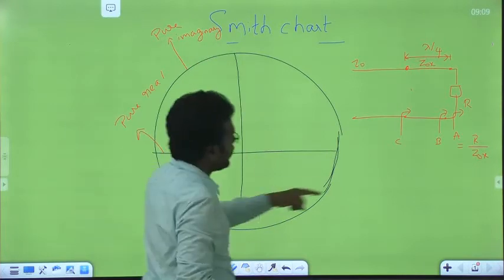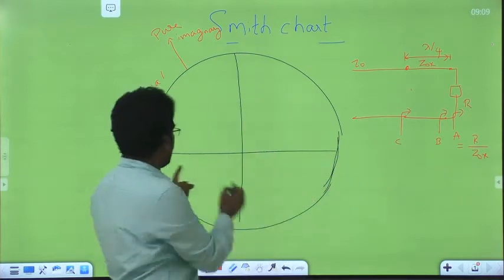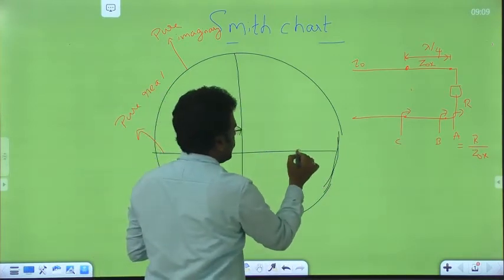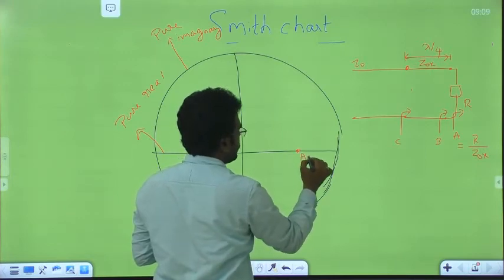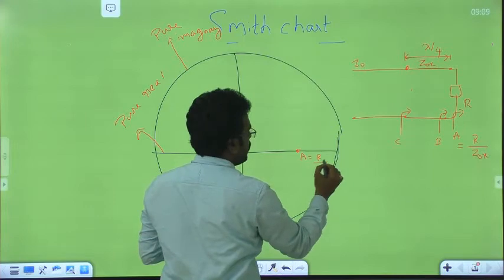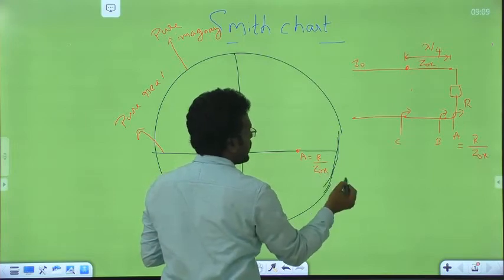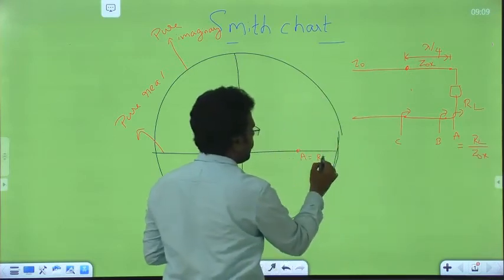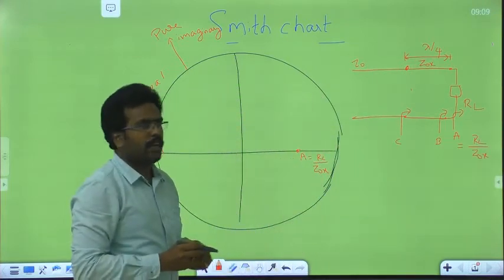So since this point is purely real, definitely it lies on this real axis. I am assuming that this is at this point. A is equal to R by Z0X, and it is RL or something, anything else, load impedance or load resistance, RL. Okay, that is the first step.